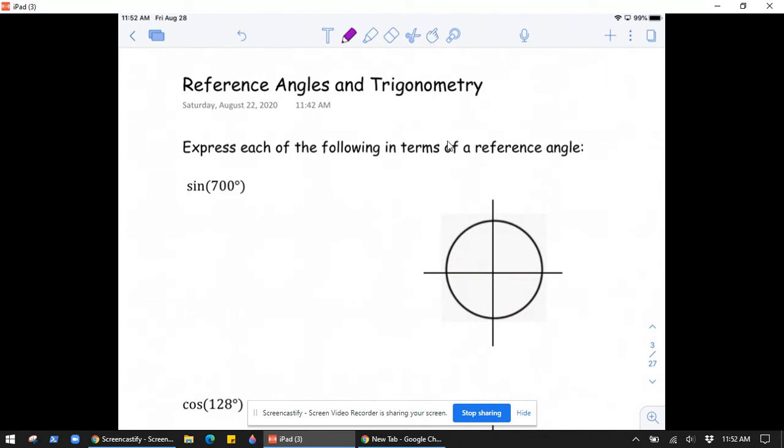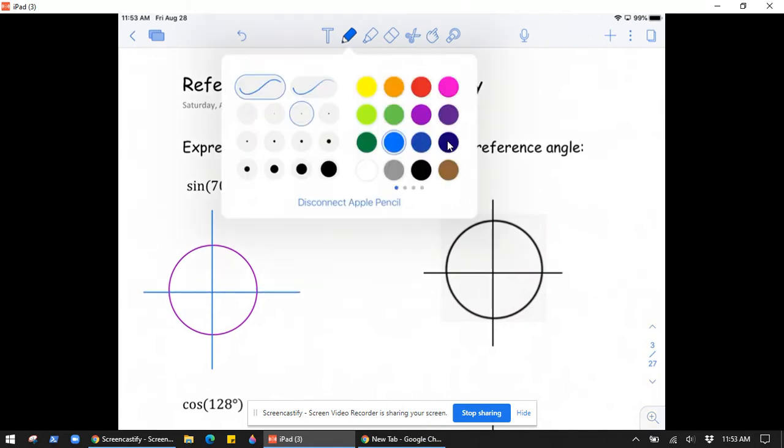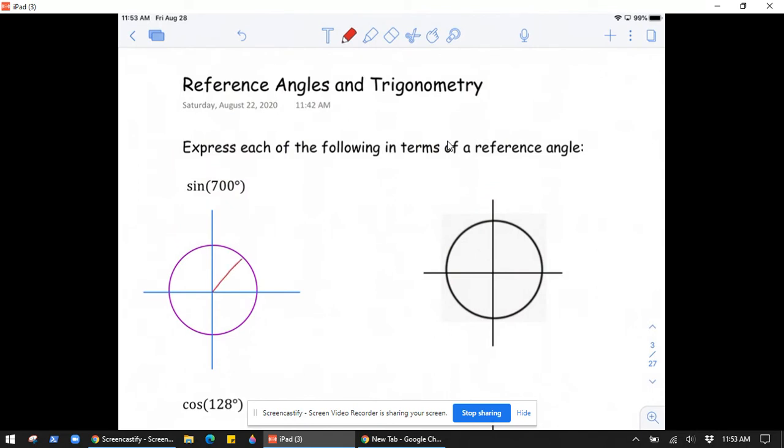So let's just draw a circle right here. Okay, so let's say that's the unit circle, and let's think of, generically, an angle rotated in standard position, so that's angle theta.